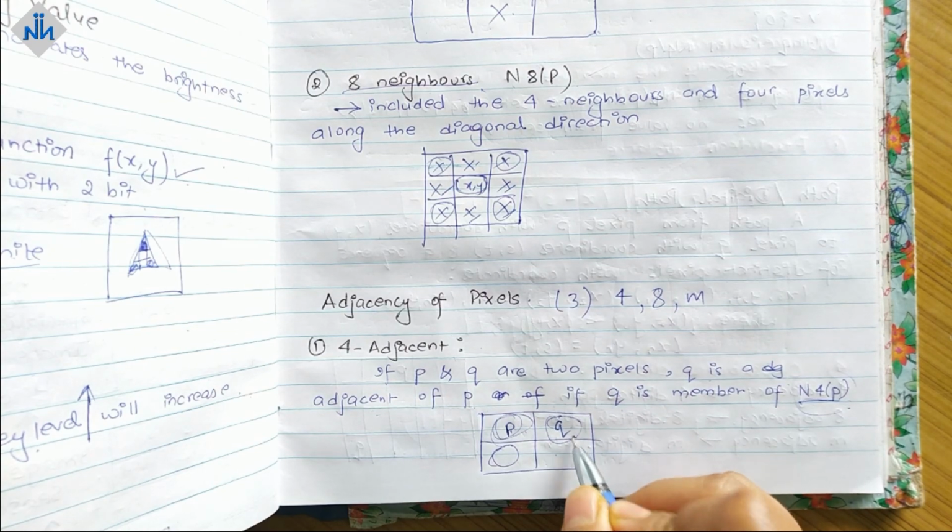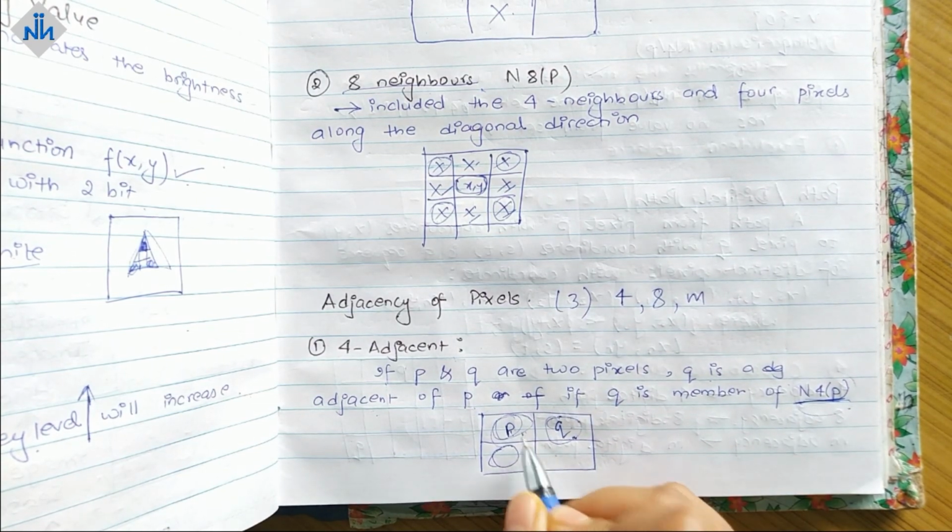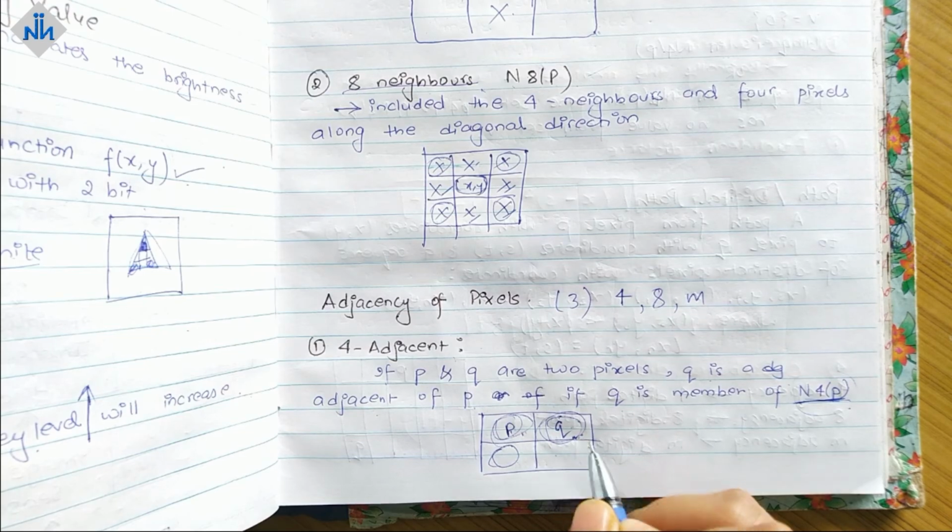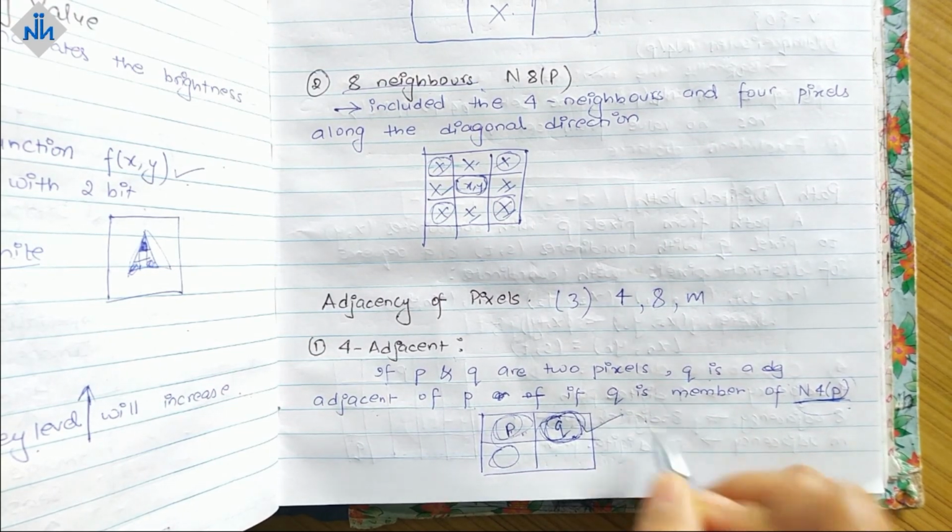And if Q lies in that N4(P), then Q is the adjacent pixel. So Q is an adjacent pixel over here.